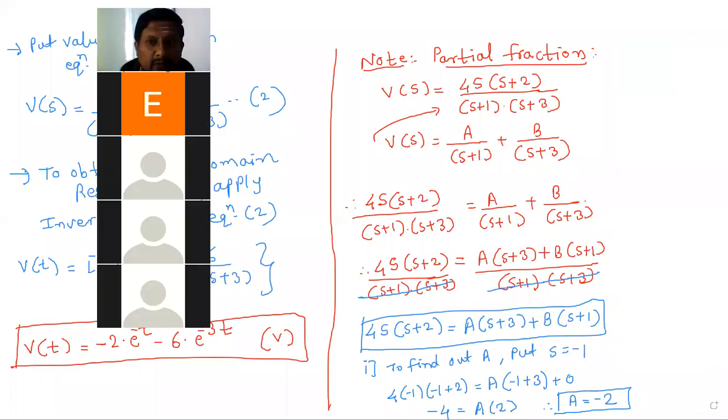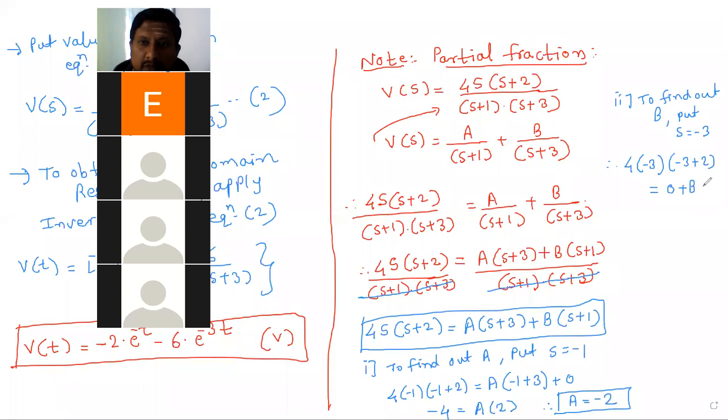Similarly, if I want to get b value, to find out b value, म्हणजे हा व्हॅल्यू मला फाइंड आउट करायचा, मग s is equal to -3 ठेवायला पाहिजे. Put s is equal to -3. So here 4 into -3 into -3 plus 2 in the left hand side is equal to 0 plus b into -3 plus 1.